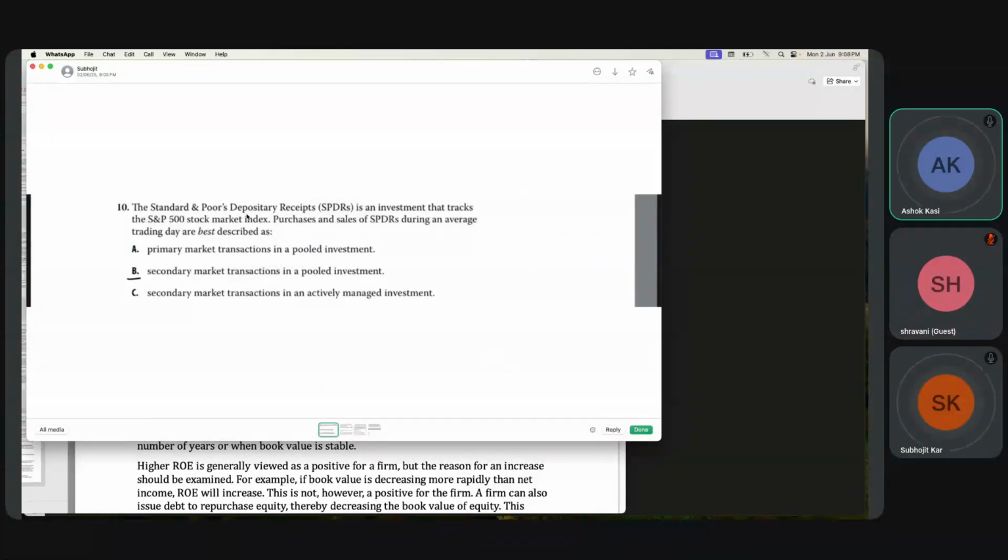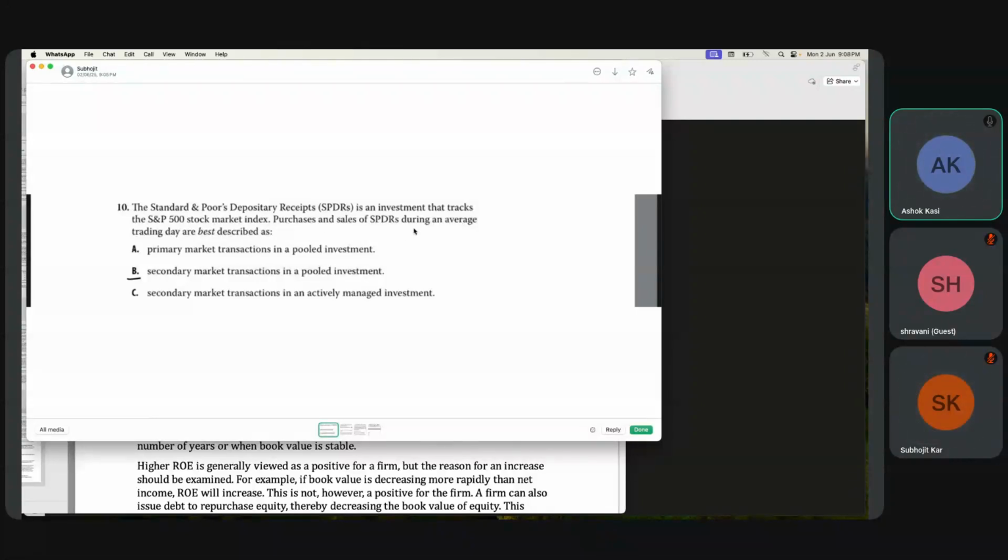The Standard and Poor's depository receipts, SPDR, called spider, is an investment that tracks the S&P 500 stock market index.